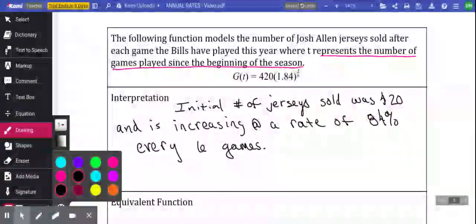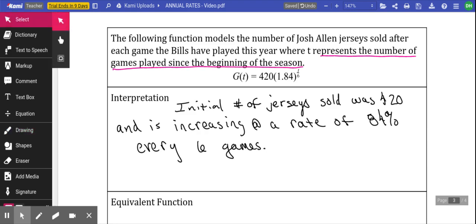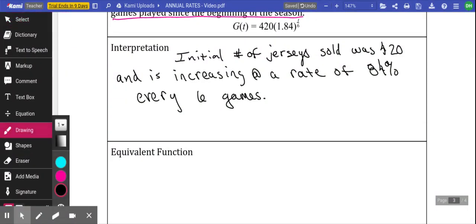Naturally, the question is going to become, well, at what rate is it growing or increasing after each single game, each individual game? So let's see if we can rewrite the original function. The note that I'm making to myself is that exponent t divided by 6 is really equivalent to 1/6 times t. And then we're going to reverse engineer that power rule.